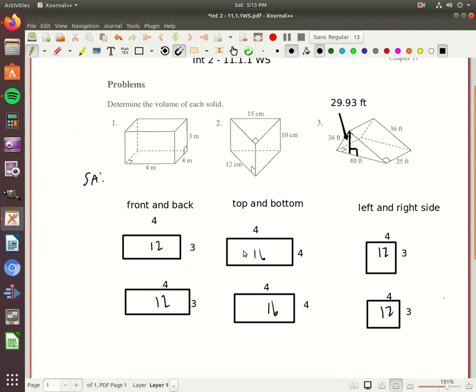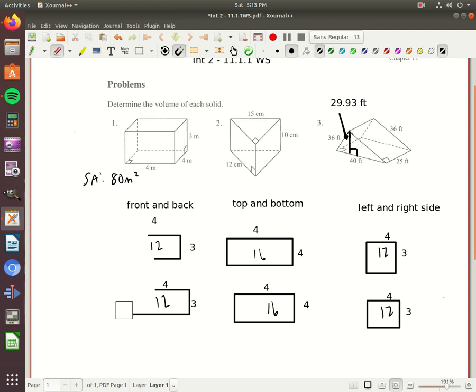So 12 plus 12 plus 16 plus 16 plus 12 plus 12. Well, it's going to be easier if I go 12 plus 12 is 24 plus 16 is 40 and double it, so 80 meters squared, and that doesn't look great. So let me see if I can get slightly better handwriting. 80 meters squared is going to be my surface area of this shape right here.